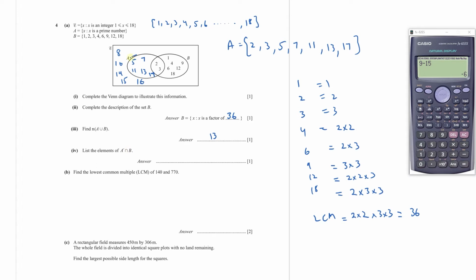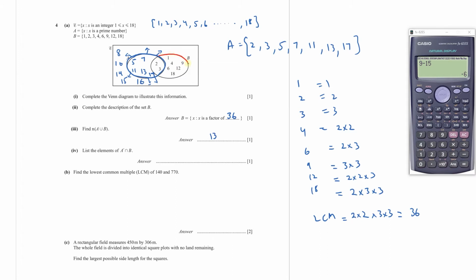So A complement is everything outside of this set A, right? So everything outside is these numbers and these numbers. And then you have to find the intersection with B. So where is the overlap of this whole region with B? So that is this region.